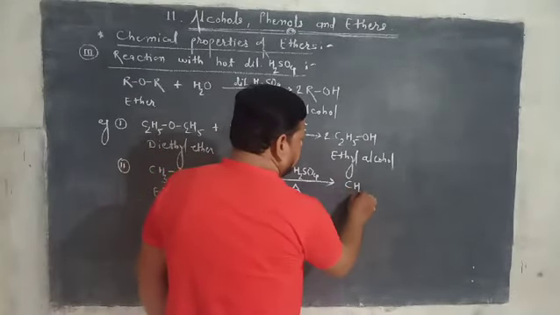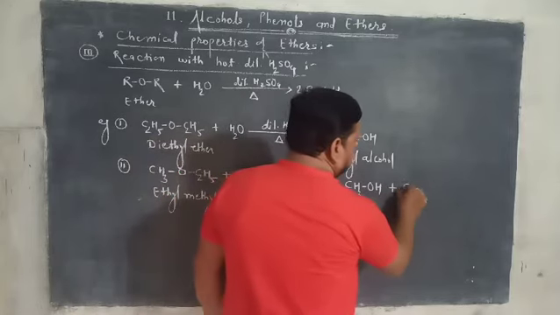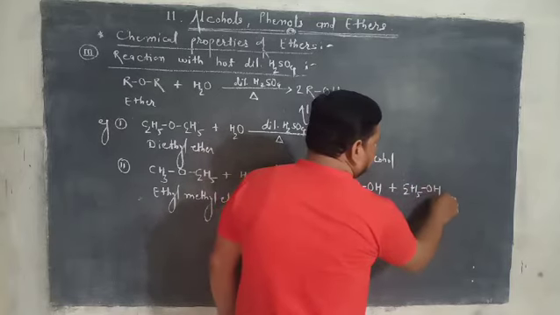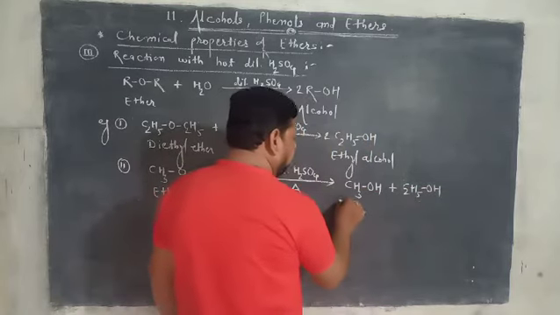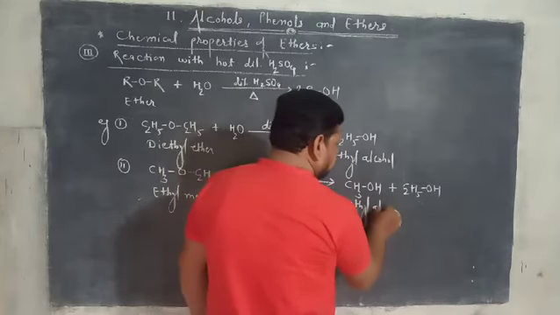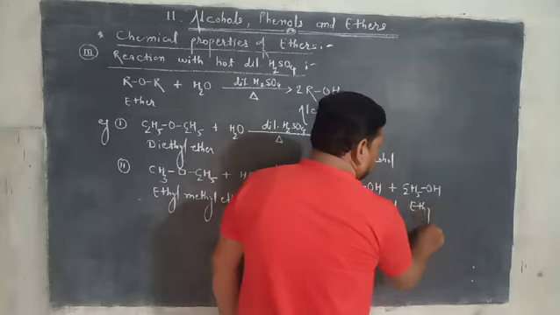This is CH3OH, methyl alcohol, and C2H5OH, that is ethyl alcohol.